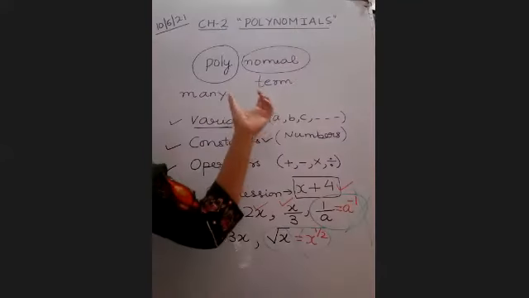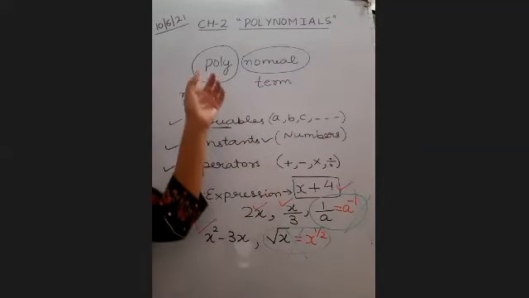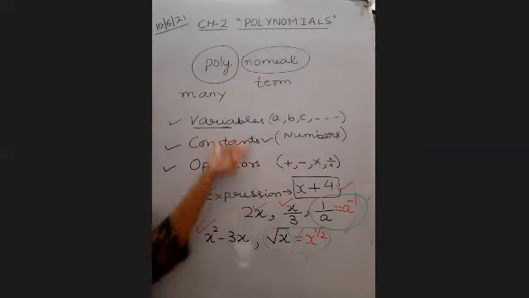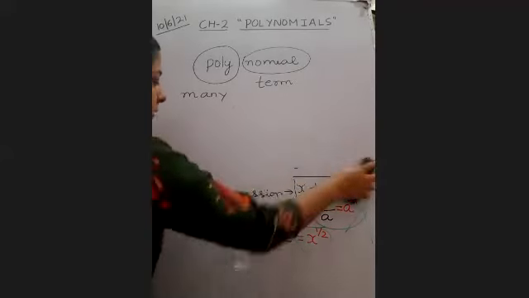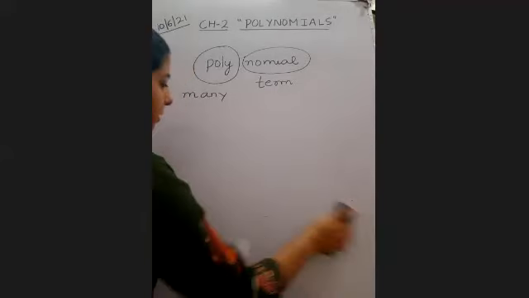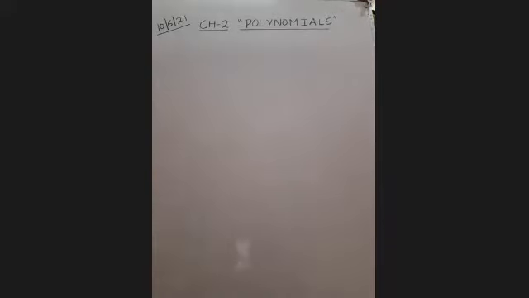And now, as I said, poly means many, nomial means term. So an expression with many terms is also a polynomial. Now what we are going to do is find the types of polynomials on two bases.